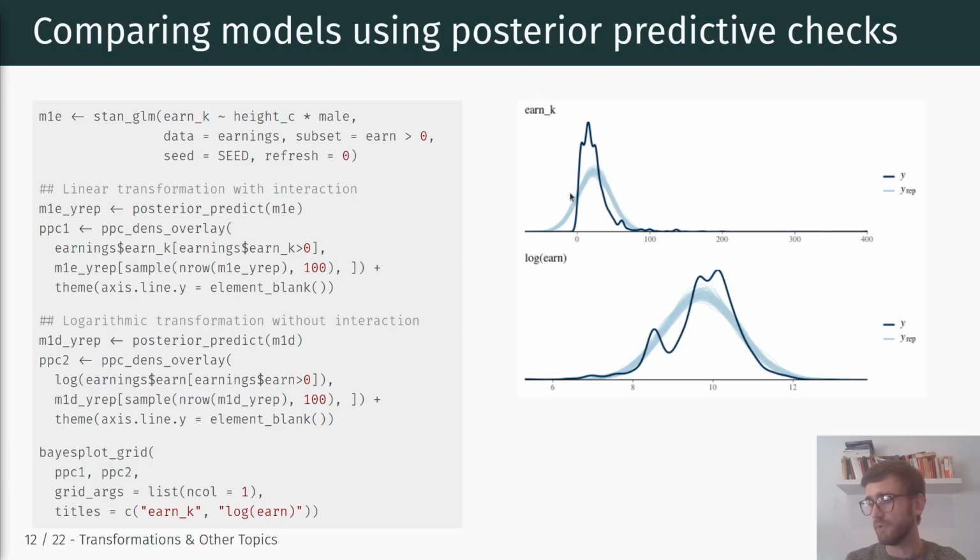We see here first for our linear transformation with interaction, we see a clear deviation between our posterior predictive distribution and the actual observed distribution. Obviously, because the observed distribution y is bound at 0, we have no negative earnings. In our posterior predictive distribution, of course, we have quite a few observations where we would predict, based on the linear model, basically negative earnings.